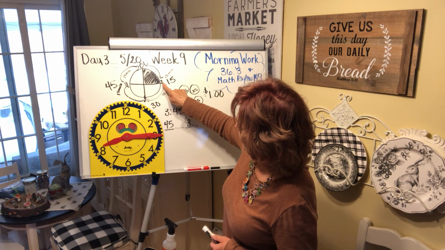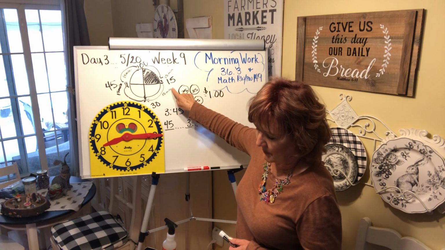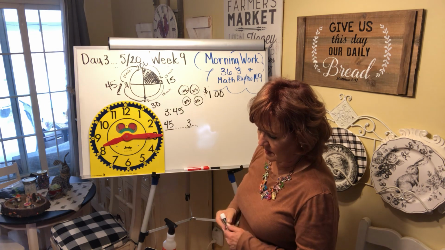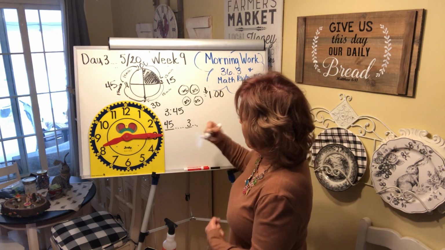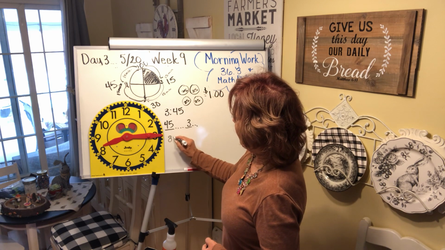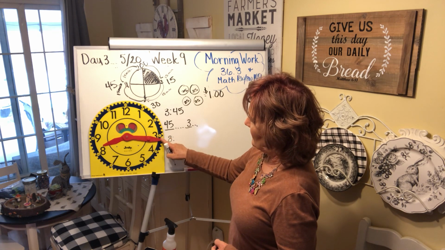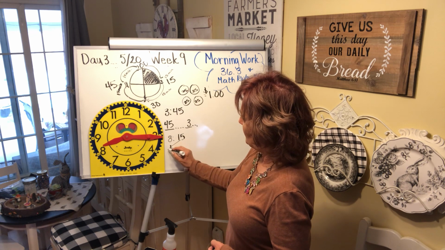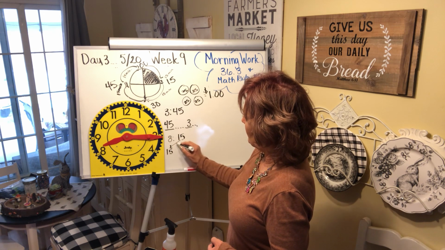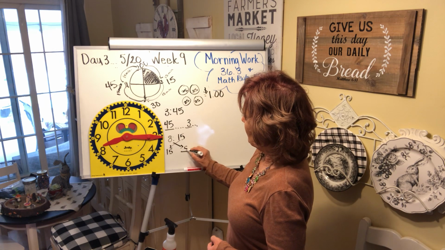It's only gone 1/4 of the way, right? So the hour hand still belongs to the 8. So it would be 8:15. And then you just take that number, put it here, 15 minutes after 8.